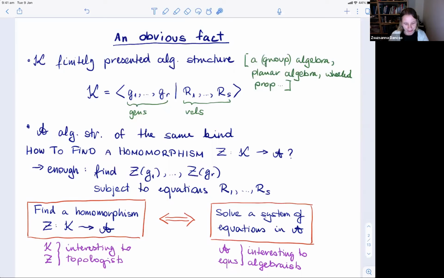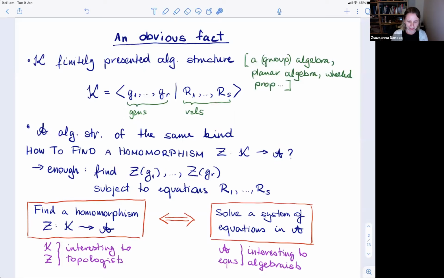To find a homomorphism, it's enough to set the values of each of the generators, because of course that will determine the value of Z on everything. But you cannot choose your values freely because they will have to satisfy some equations that come from the relations. So finding a homomorphism from K to A amounts to essentially solving these equations that come from the relations in the algebraic structure A.